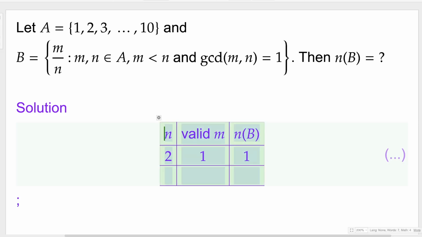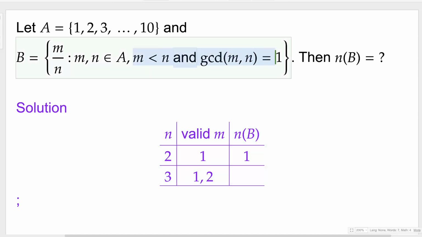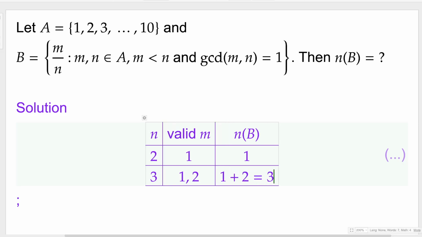Next, for the number 3, I can write 1 and 2 such that both constraints are satisfied. The previous count is 1 and this one adds 2, so that is 3. I'm just writing it in a prefix sums structure.